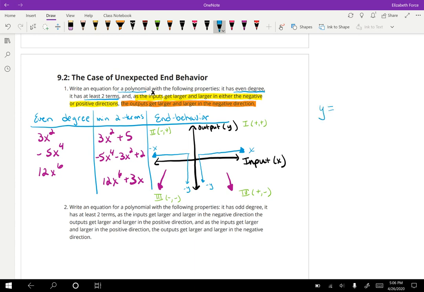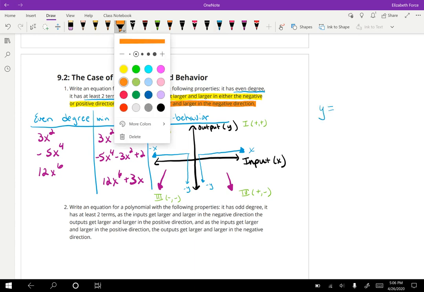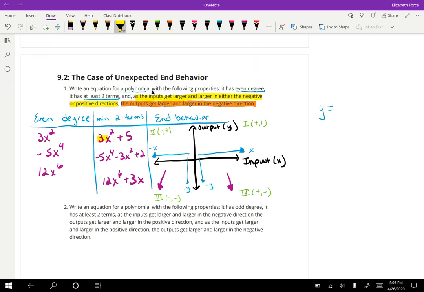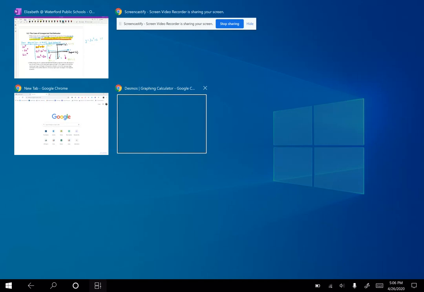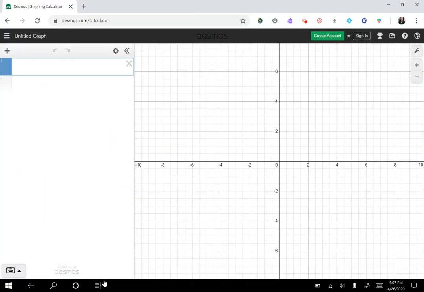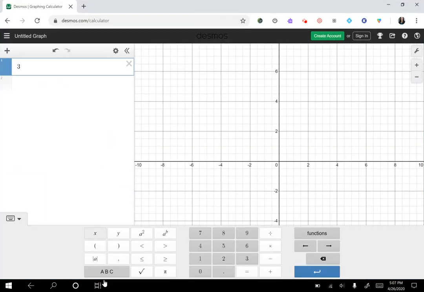So y equals 3x squared plus 5. We're going to go over into Desmos and graph it. 3x squared plus 5.